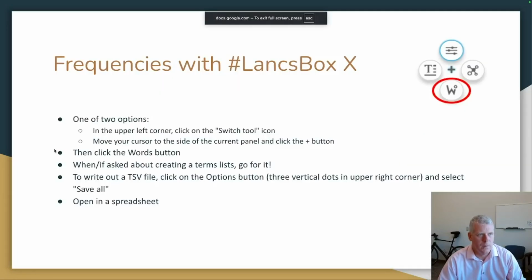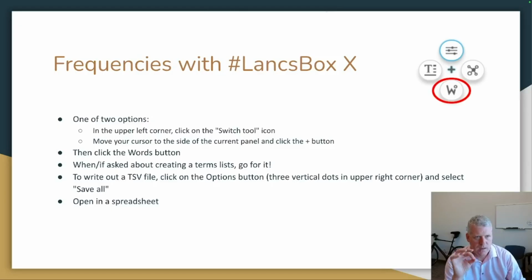Okay, so there's a couple options. In the upper left corner, you can click on the switch tool icon, or you can move your cursor to one side of the current panel and click on the plus sign, and then click the icon that has a W. That is the words function or words button. And then it'll ask you if you want to create a terms list.